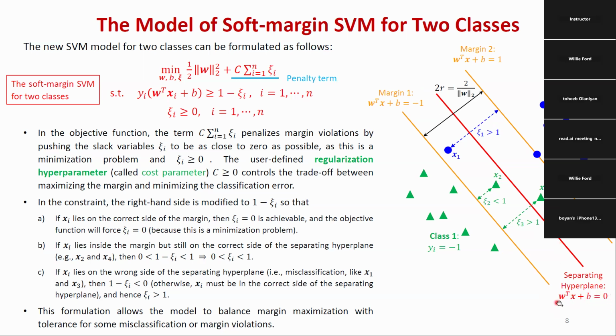Because the separating hyperplane is w^T x plus b equal to 0, and now you're on the left side of the separating hyperplane. Hence, if you substitute x1 here, the result of the right-hand side must be something negative. You see what I mean? Otherwise x_i would be on the correct side, which is a contradiction because I know x1 is already on the wrong side, and hence I must have xi1 greater than 1.